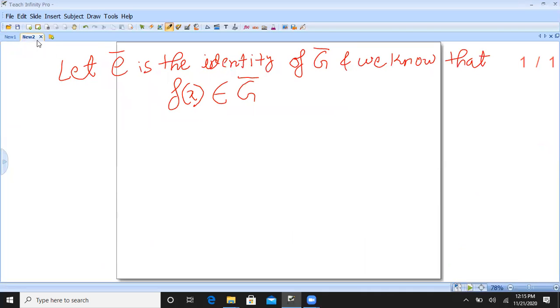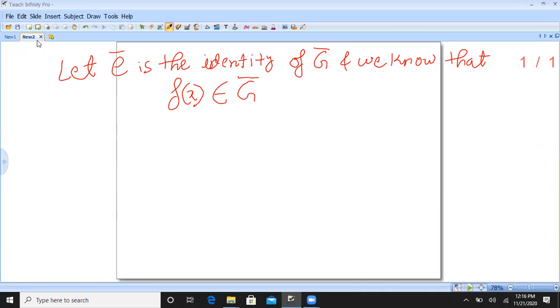So next, what does this say? Let E bar be an identity of G bar. Now, the statement again: E and E bar are the identities of G and G bar definitionally. So I said already that E is the identity of G and E bar is an identity of G bar. Now they are saying E bar is the identity of G bar, and you know that f of x also belongs to G bar.